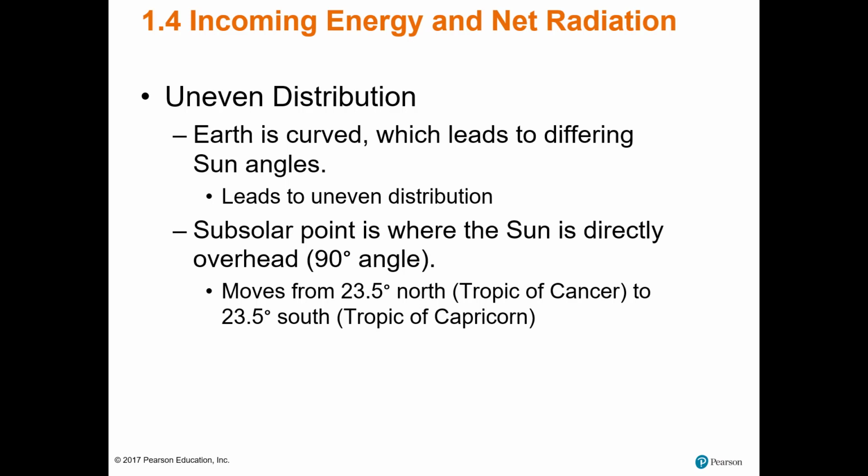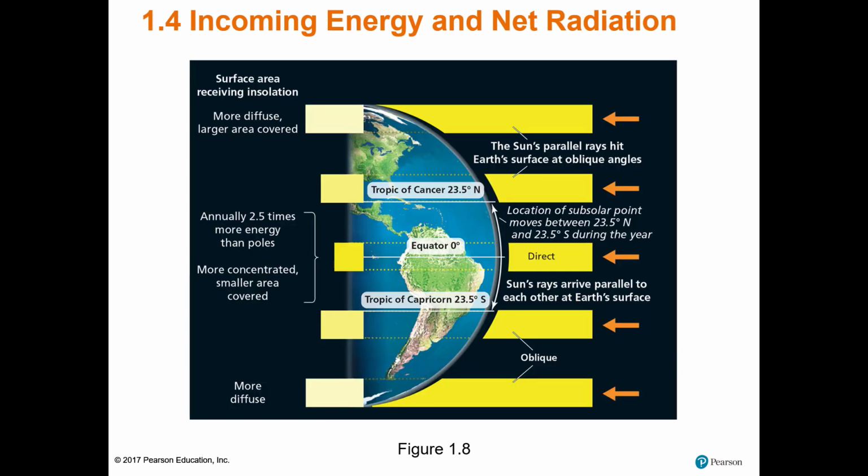The location of the subsolar point changes with seasons, and it moves between 23.5 degrees north to 23.5 degrees south. That means that if you are further than 23.5 degrees north, the Sun is never exactly overhead. It's never exactly a 90-degree angle of those sun's rays.